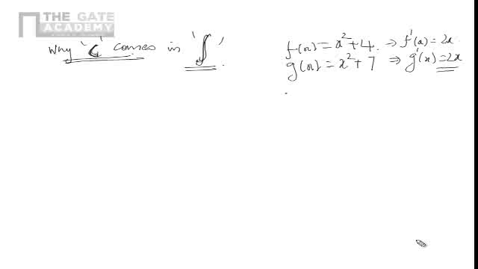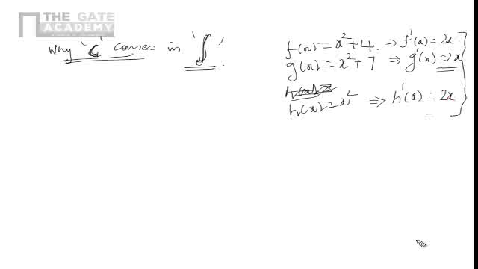Let me take some h of x, which is x square. And what is h dash of x? h dash of x is also 2x. So in all these cases we are getting the same thing.